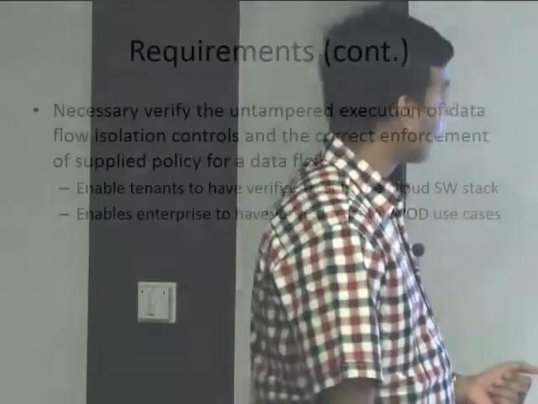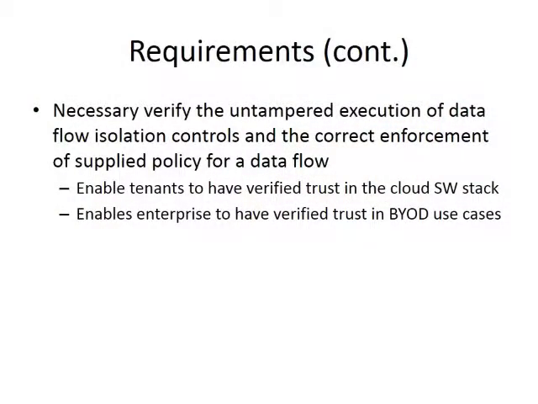Okay. The third requirement, I believe, is that it is necessary to verify that the controls themselves are in fact executing untampered, and they are enforcing the policy specified in the data flow correctly. Why is this important? Because in a cloud, you want the tenant to know that your isolation is in place and their policies are being implemented.